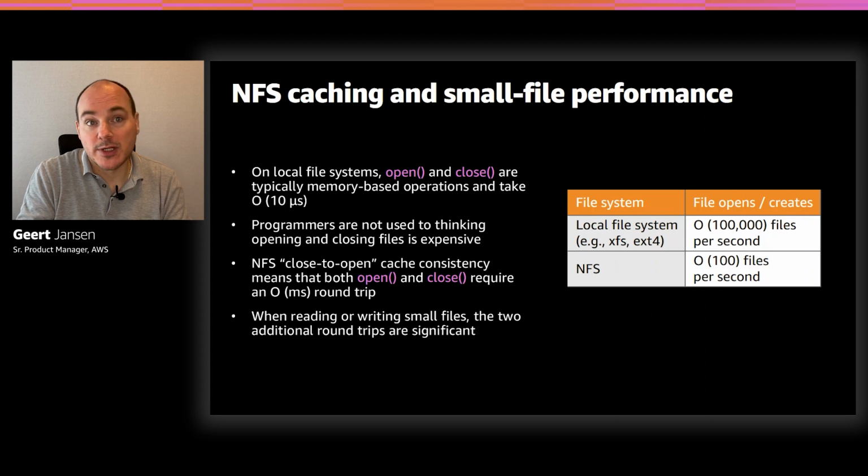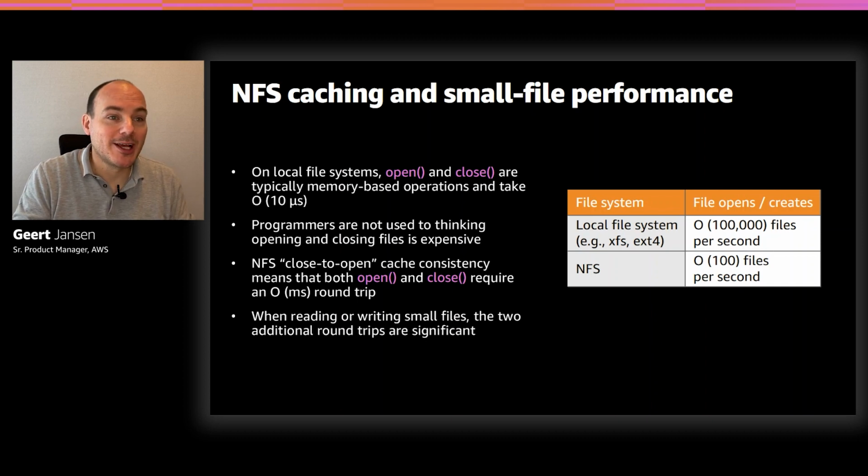Because of this, programmers typically do not think about open and close as being expensive operations. However, on NFS, the close-to-open semantics require that both the open as well as the close have a synchronous call to the server that takes on the order of milliseconds.